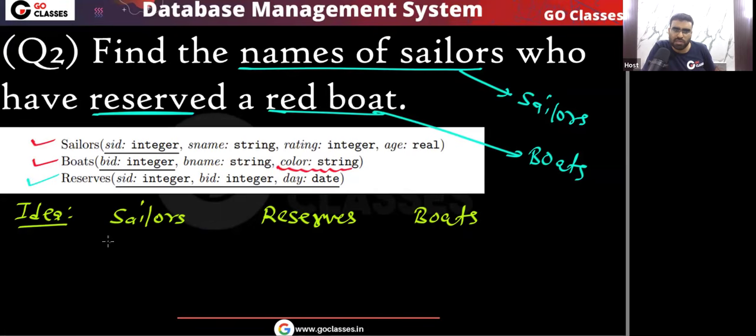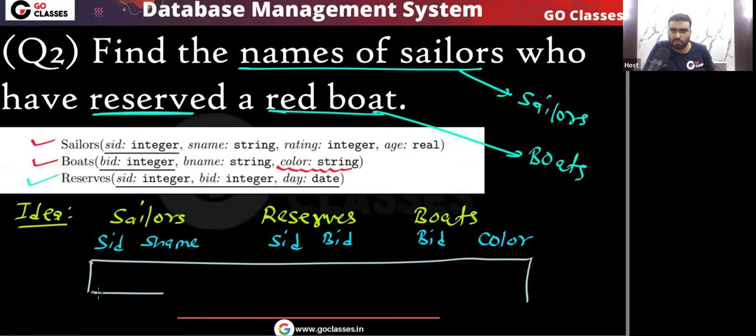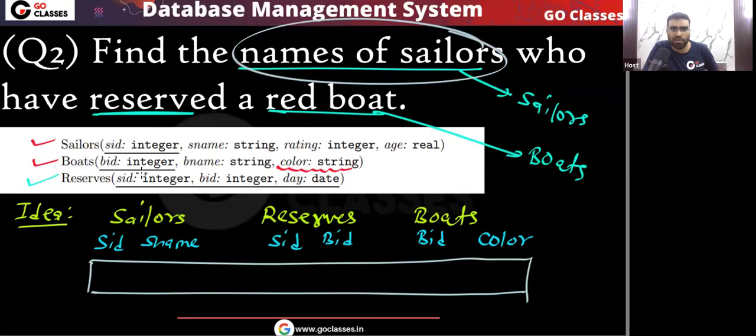For example, in sellers, you have SID and s name. Only these are important. In reserves, you have SID and BID. In bots, you have BID and color. So tell me which type of tuple you are looking for. We want names of those sellers who have reserved a red boat.